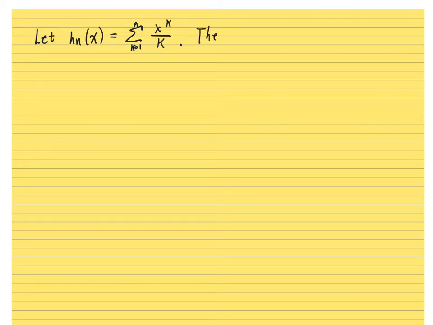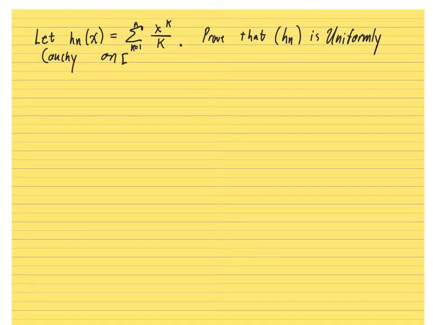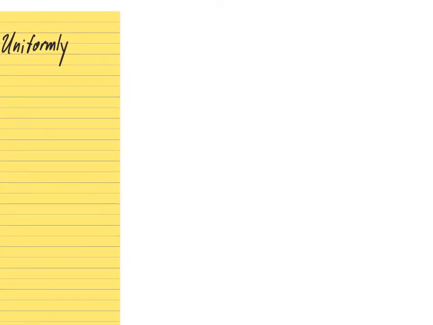The claim is, I'm going to try to follow the same wording as is in the notes, prove that the sequence of functions h sub n is uniformly Cauchy on negative 1/2 to 1/2. So there's my goal.